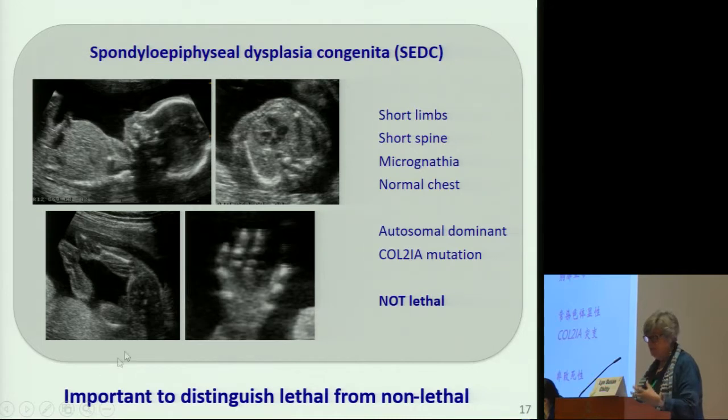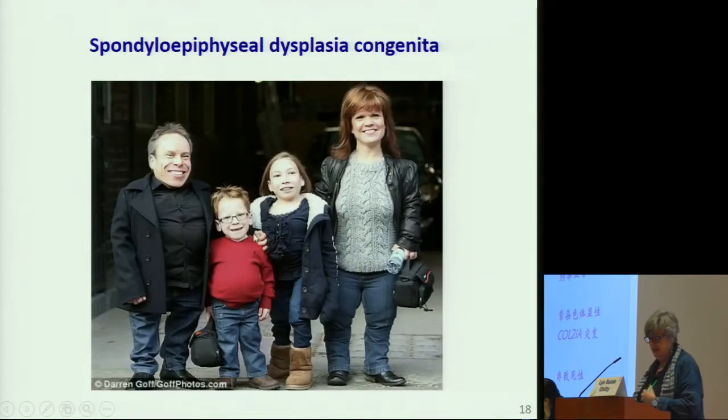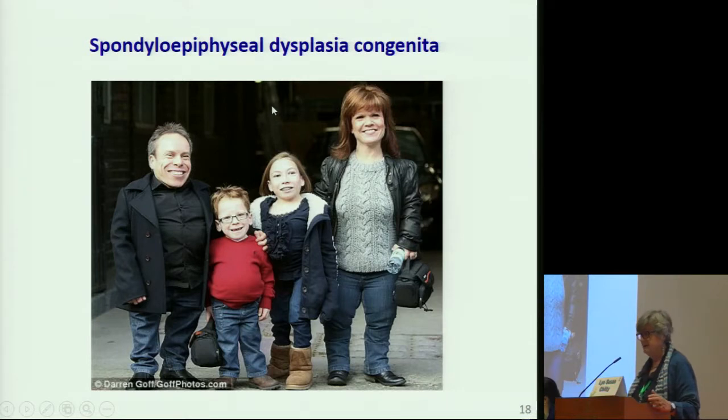So it's very important to try and distinguish lethal conditions from non-lethal conditions. And here we see the baby that we've just seen the scan of. This is his dad. This is Warwick Davis, who's quite a well-known actor and comedian in the UK. And he's got 2 children with SEDC, and his wife has achondroplasia.